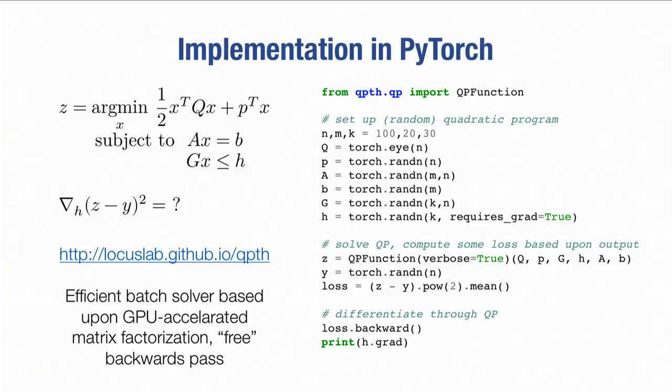And what I mean by that is the computational cost of computing a solution requires you to invert a certain matrix or factor a certain matrix. And when you've done that, you actually can get your backpropagation pass essentially for free. So it costs you nothing more to differentiate through an optimization problem than it costs you to actually solve it in the first place, which is really nice.